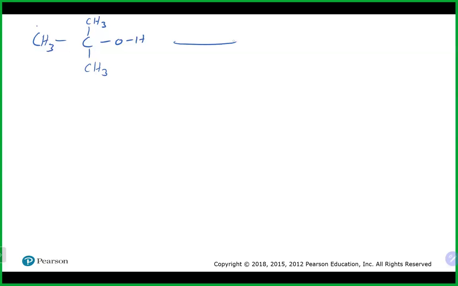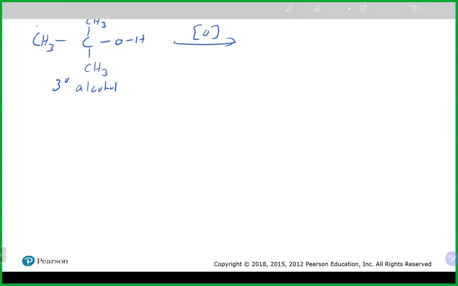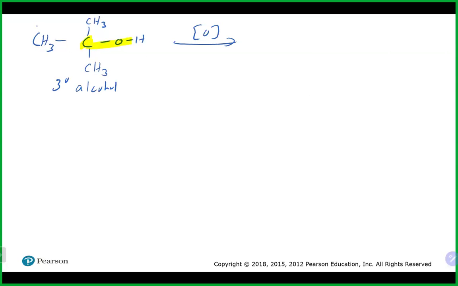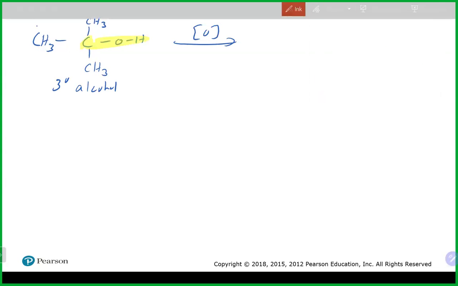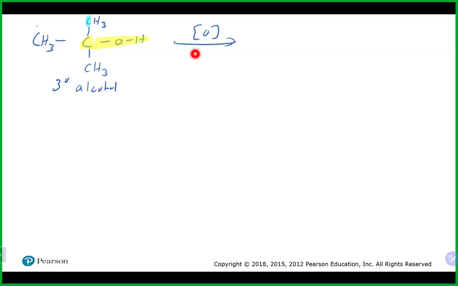All right, and here's our tertiary alcohol. Once again, it is a tertiary alcohol because the carbon that is attached to the OH is directly attached to 3 other carbons. Carbon number 1 there, number 2, and number 3, making it a tertiary alcohol in this case.